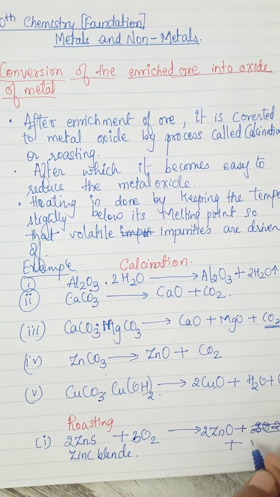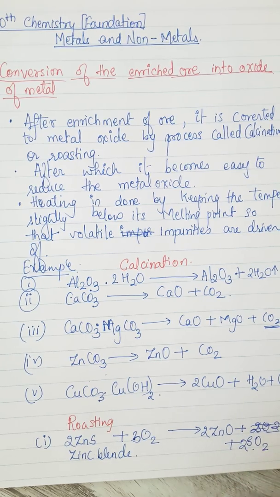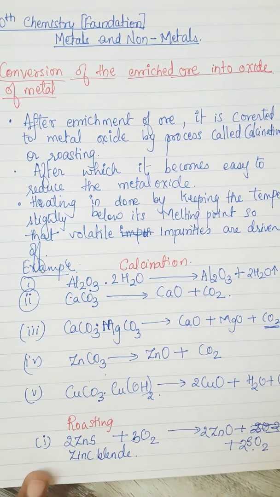So roasting is used when there is no oxygen present in the ore. We provide oxygen so that it can help in the formation of the metal oxide. So this was known as zinc blende. Then there is Galena, then Cinnabar, then iron pyrite. All these examples have to be seen here itself.